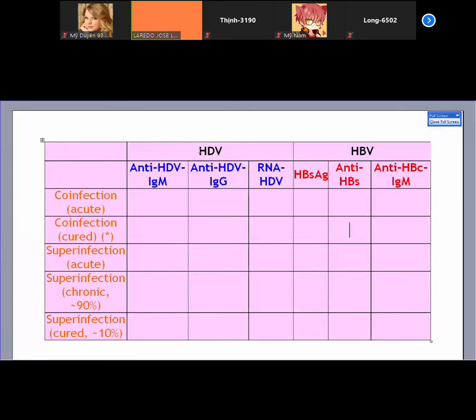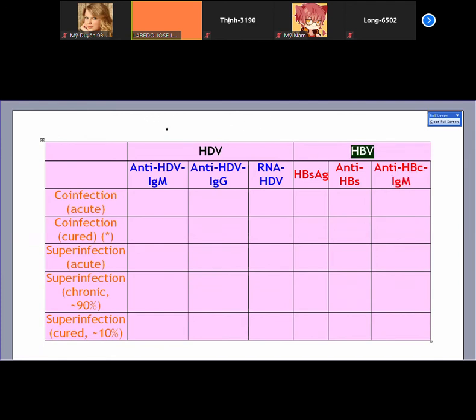So patients infected with hepatitis D are always infected by hepatitis B, okay? These are the markers that we are going to study in patients infected with hepatitis B. The markers related with hepatitis B: the surface antigen, antibodies against the surface antigen, and IgM against the capsid.